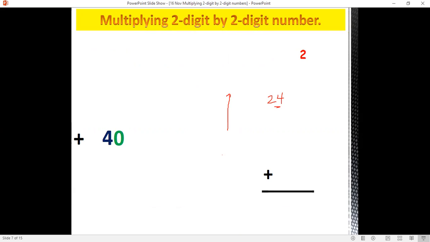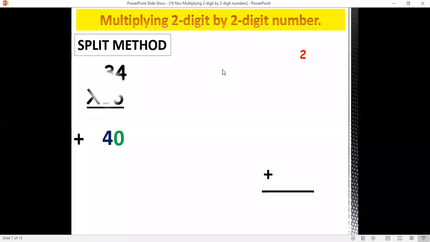Now, I'm going to show you one method. Maybe this will make it easier for you to understand. Okay, so let's have the same number. I'm going to show you the split method. 34 times 16.